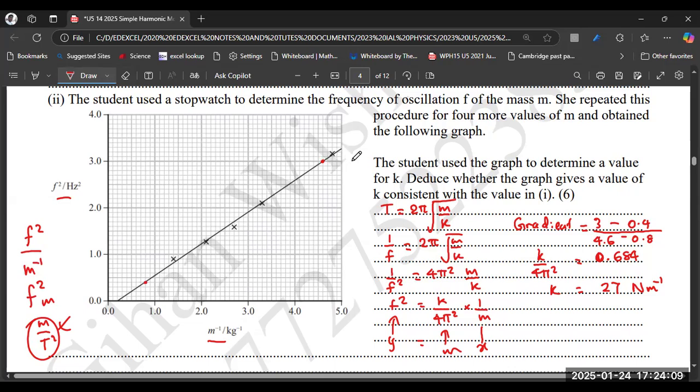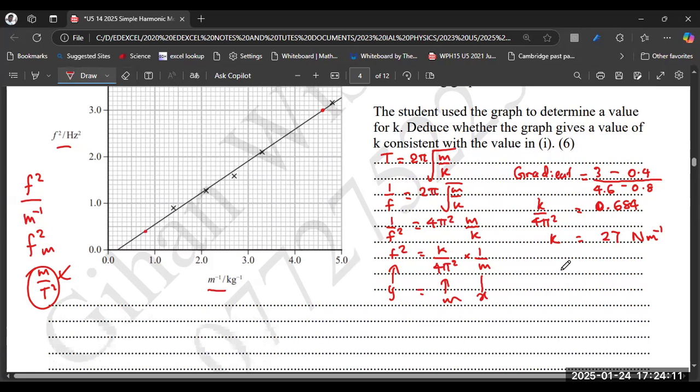Okay. Yes, then we will get a value. Now we found the k value. So then we have to comment. Then how do they allocate the marks?